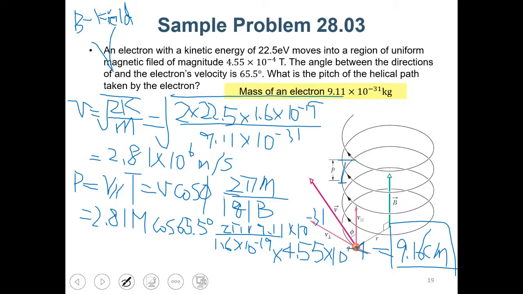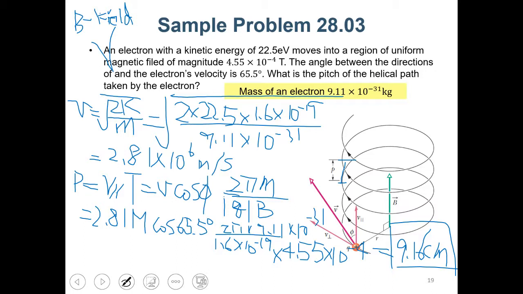The pitch is this distance. Actually, this velocity contributes to the circular motion, and this velocity is a constant speed going in this direction.